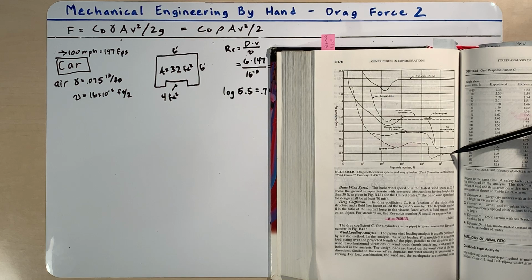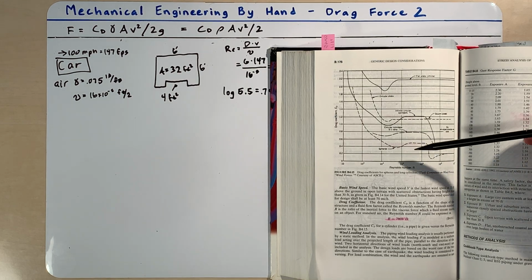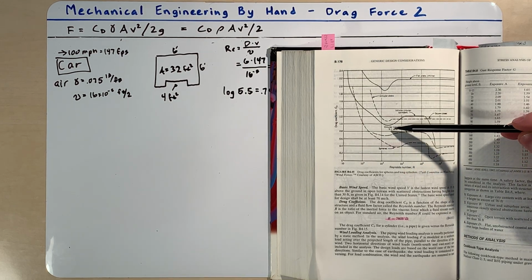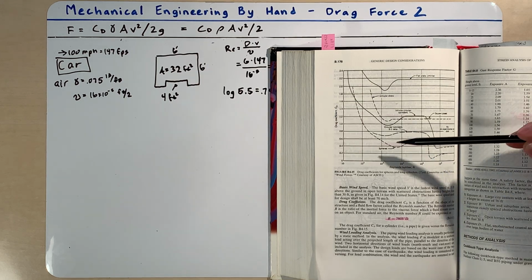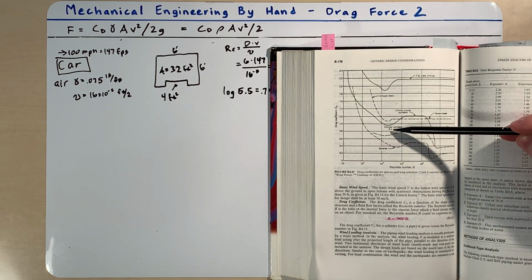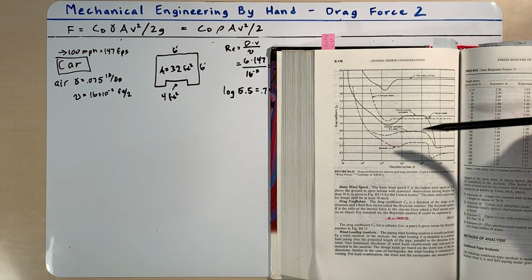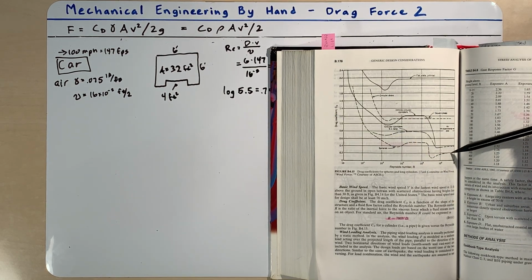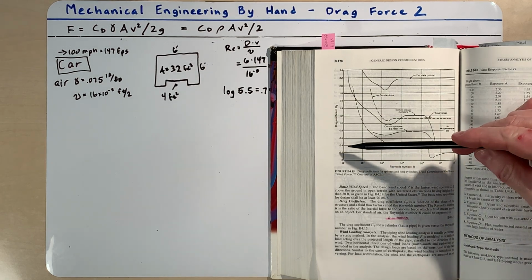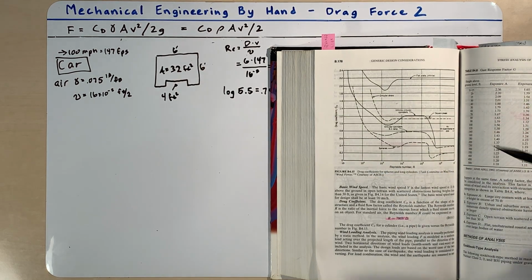A sphere would be like a cylinder with a 1-to-1 ratio. So we have 1-to-1 and 5-to-1, but our car or truck is more like 2.5, 3-to-1. So I'm just going to take an average of those two lines, and that would be a drag coefficient of 0.3.